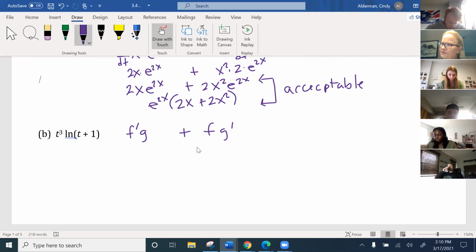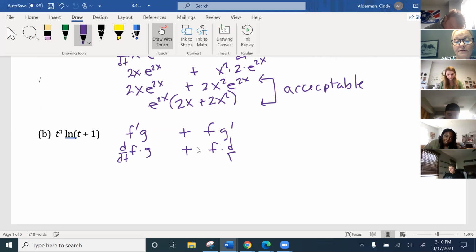I just want to be very explicit when I give you the first couple of examples, and then we'll start shortening it up a little bit. So what this means is we want the derivative of F, and we're going to multiply that by G, and then we're going to take F and multiply it by the derivative of G.